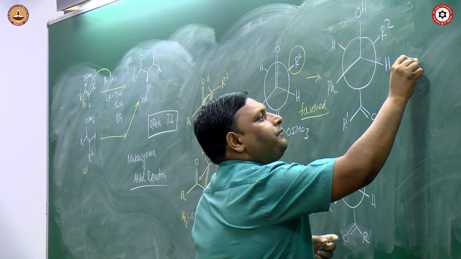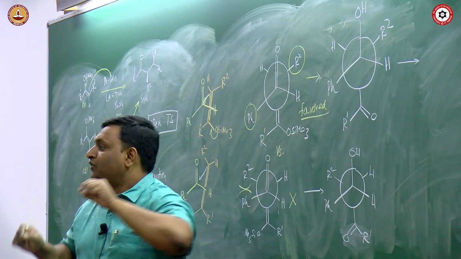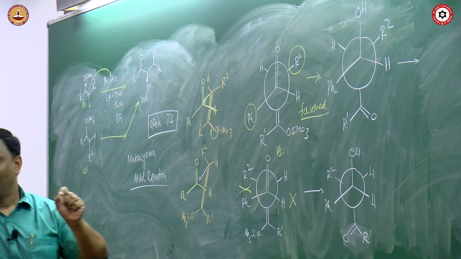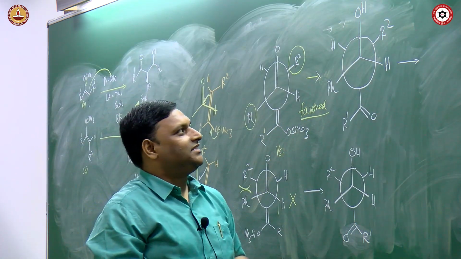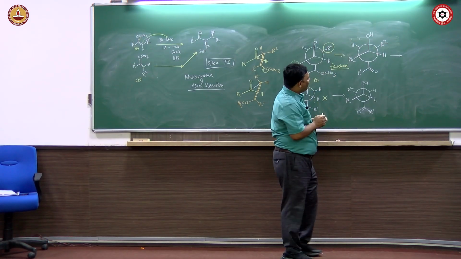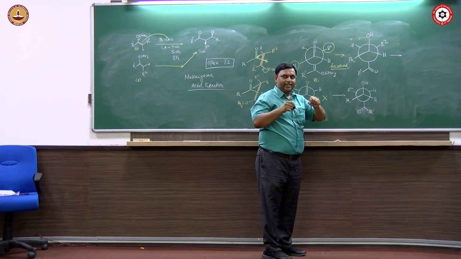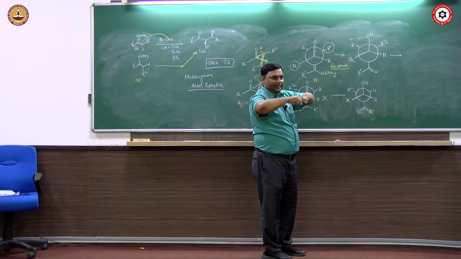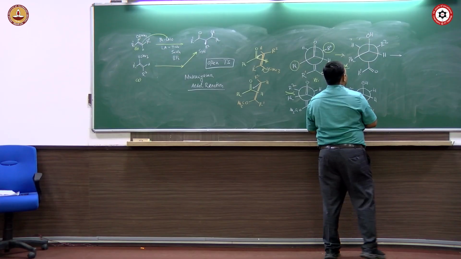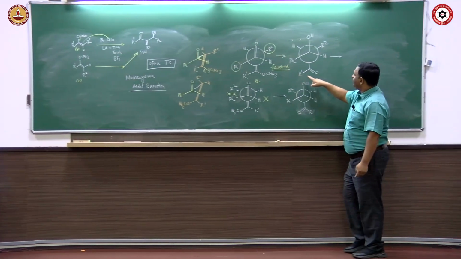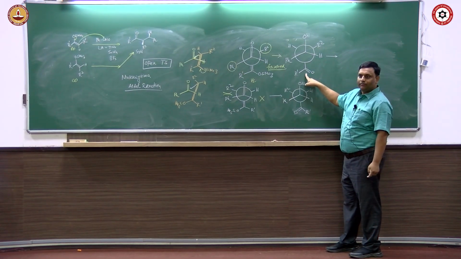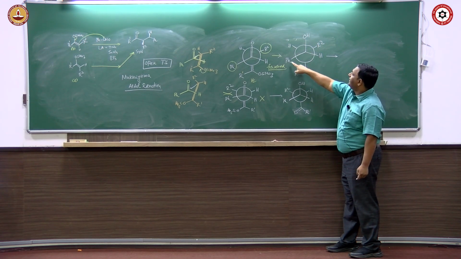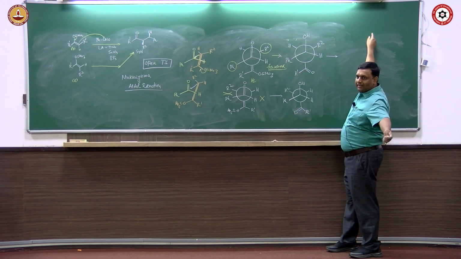Now this one I want to draw in a zigzag. You have to be very careful now. How do I want to draw the zigzag? In the zigzag, your first job is to find the long chain. I would say the main long chain will be this and this one. So what I will do is slowly rotate the back carbon such that I get the phenyl and this group in a linear form.